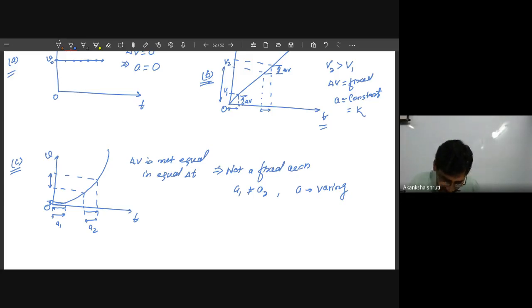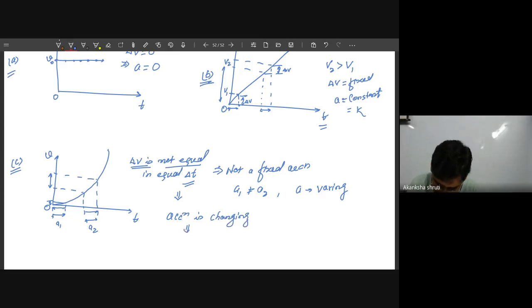So therefore, this is the graph of non-uniform acceleration that we have to keep in mind. Because the change in speed itself is varying, acceleration is changing.